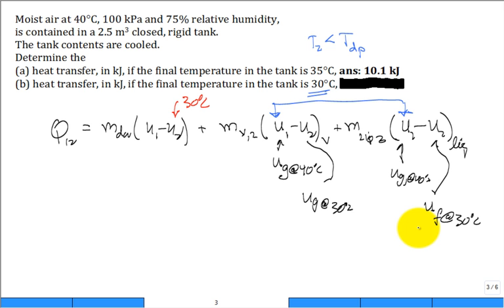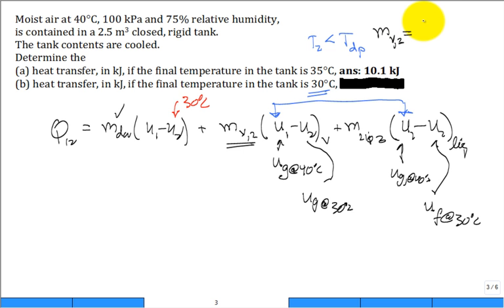True? Okay, so the mass of the dry air didn't change. And what we have to do is calculate this mass here. How are we going to calculate the mass that's in the vapor state at the end of the cooling process? It's saturated air at that lower temperature.